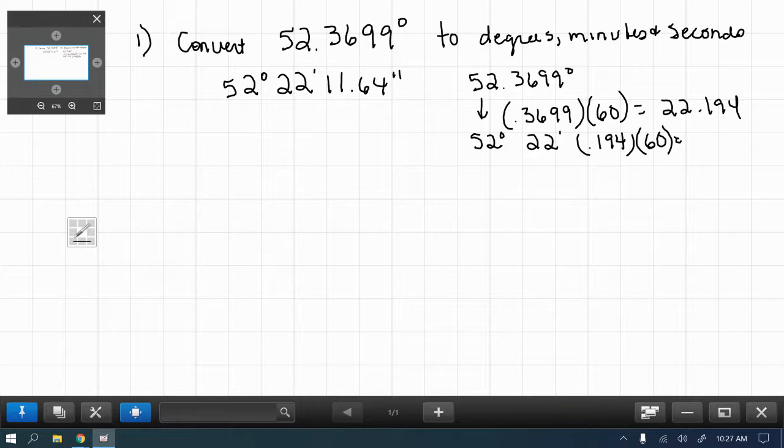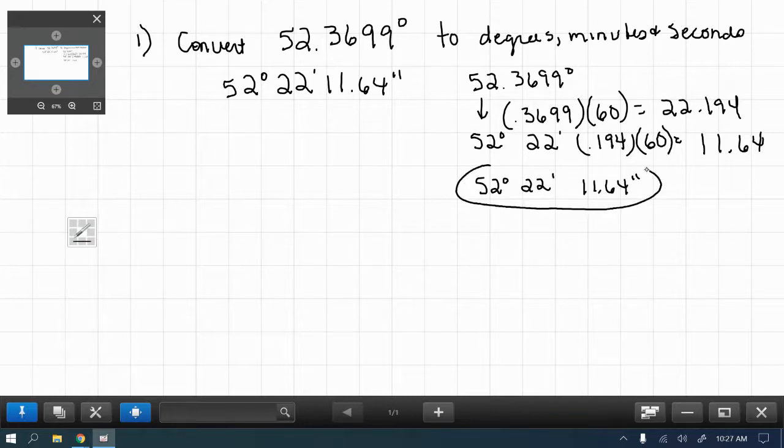When I do that, I get 52 degrees, 22 minutes, 11.64 seconds. That's the answer. First way is a lot easier.